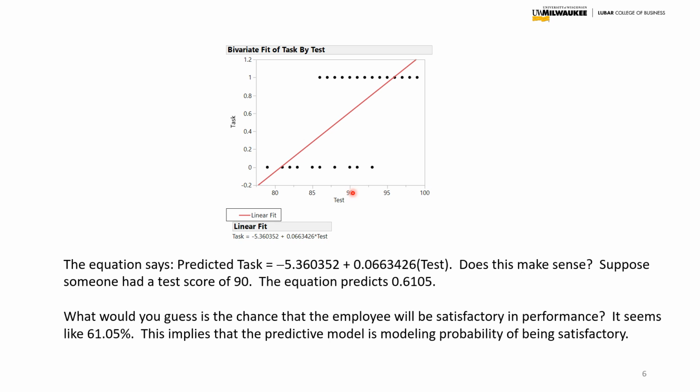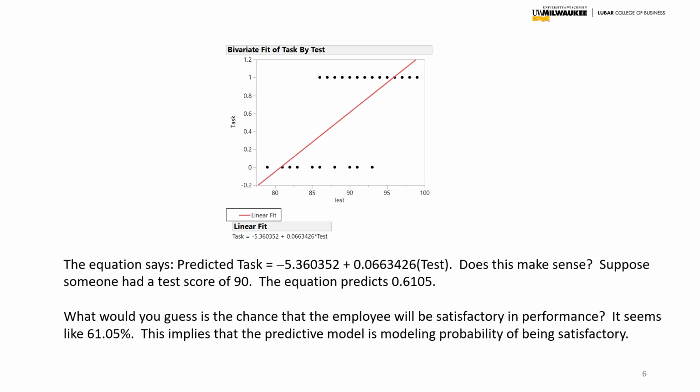We could stick that 90 into the regression equation and out comes a value of 0.6105. Considering the range for Y is from 0 to 1, it would seem that 0.6105 provides us with a predicted probability of success. That is, an employee scoring 90 on the test is associated with a 61.05% chance of having satisfactory job performance.